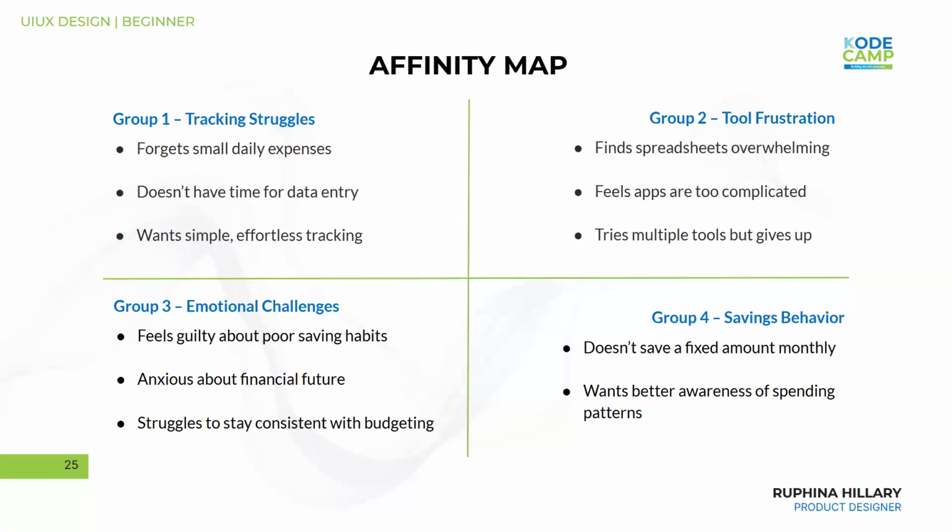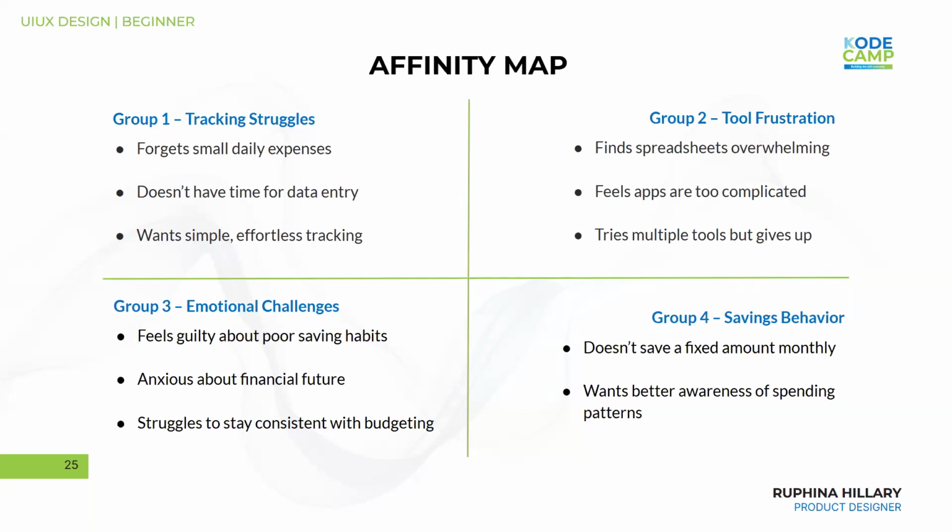These three are from different people, but you see that there is a theme encompassing everything: tracking struggles. Each one is pointing to tracking struggles, so we can group these three things and label it tracking struggles.